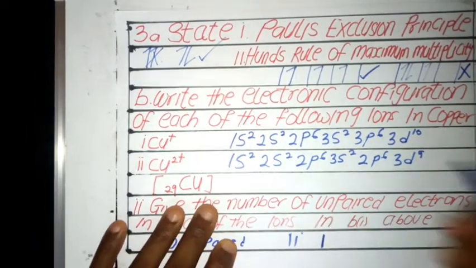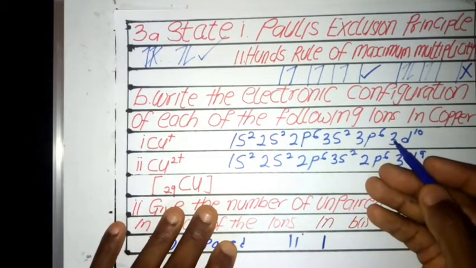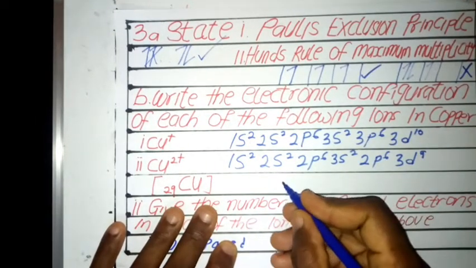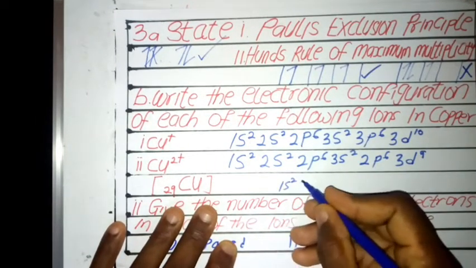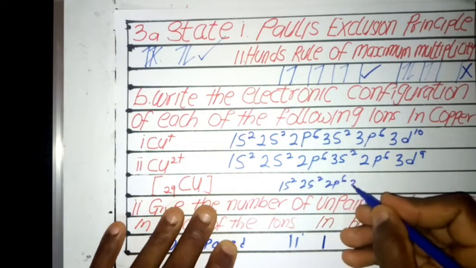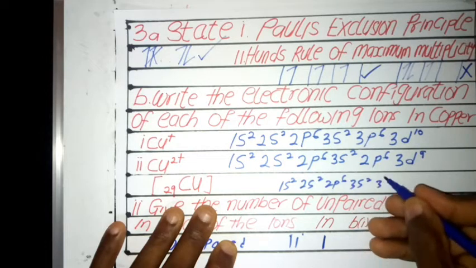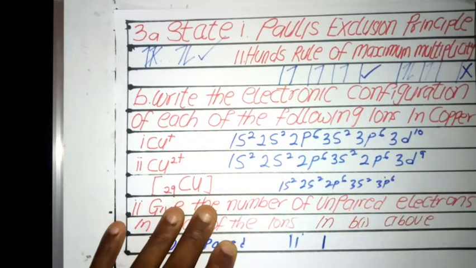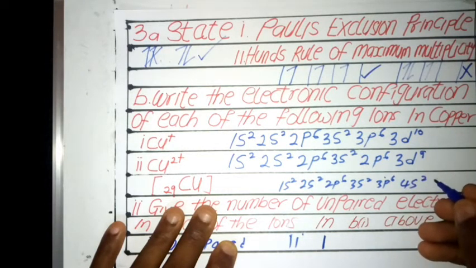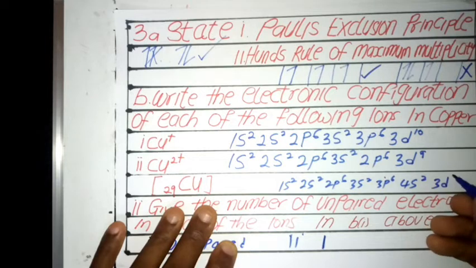Let me explain this again. Remember, normally we are supposed to write this first one like 1s2, 2s2, 2p6, 3s2, 3p6, 4s2, and then 3d8.